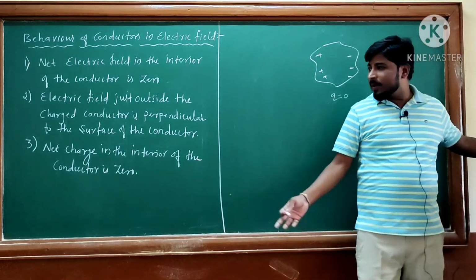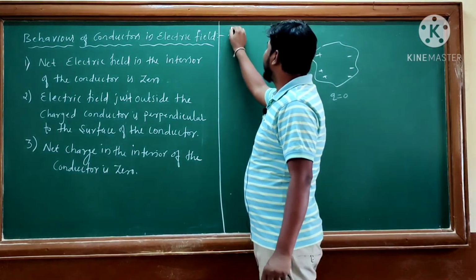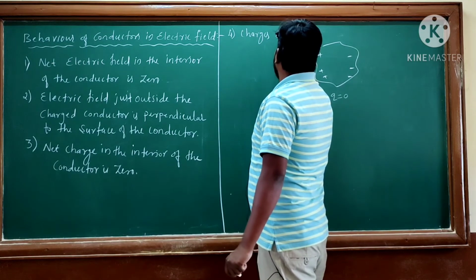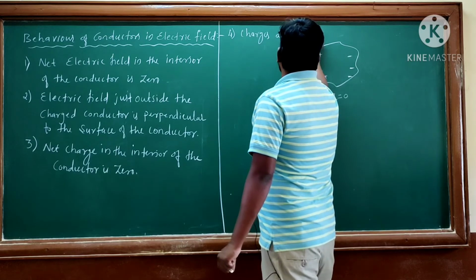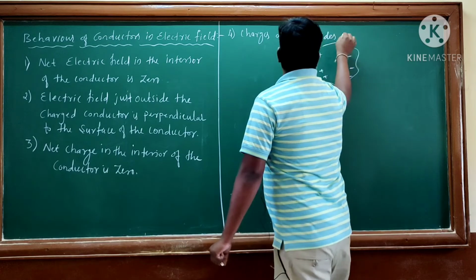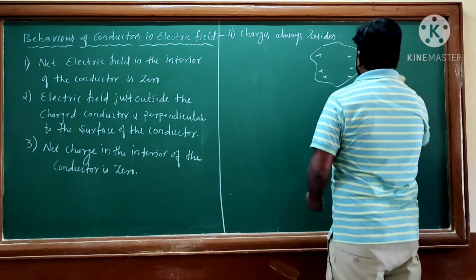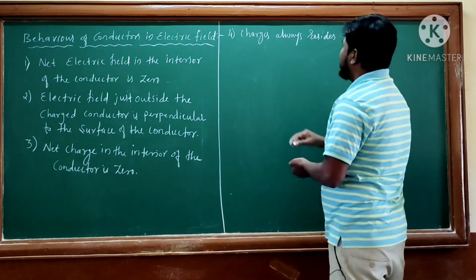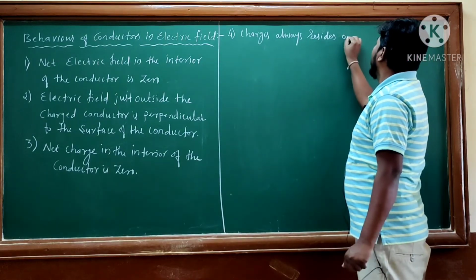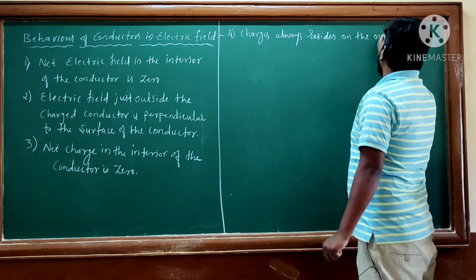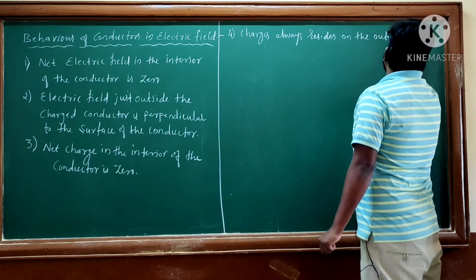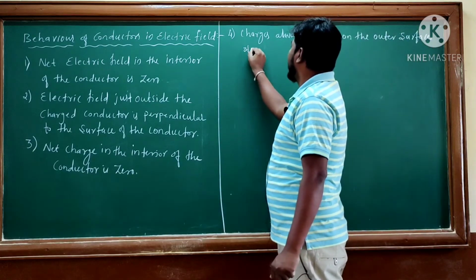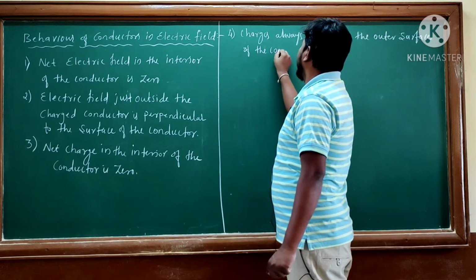And using this, we can state the fourth property: charges always reside on the outer surface of the conductor.